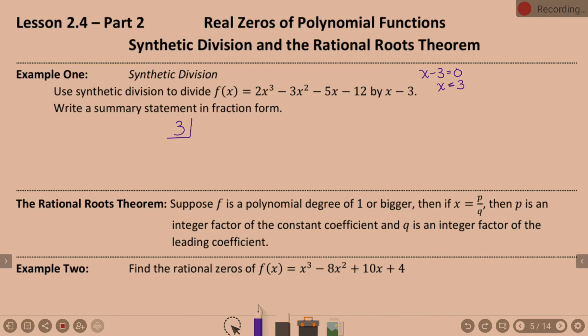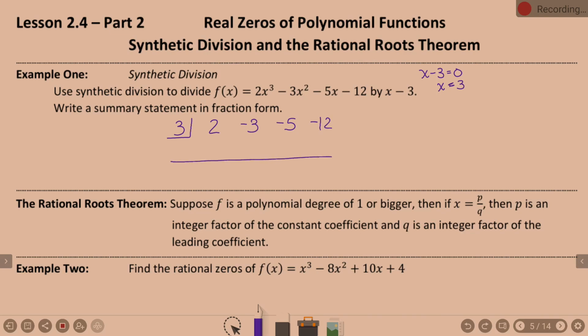Then, next to that box, we write out the list of numbers representing our dividend. Make sure all place values are represented. So if you start with x cubed, you have an x cubed term, x squared, x, and constant term. My first number here is the 2 from x cubed, negative 3 from x squared, negative 5 from x to the first, and negative 12.